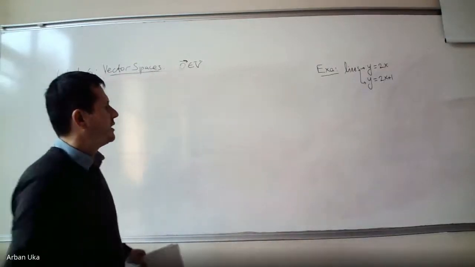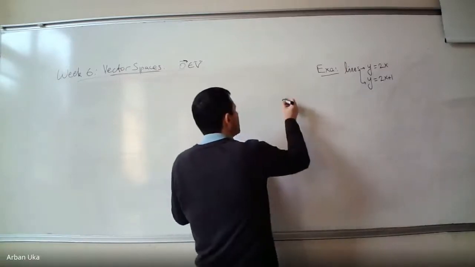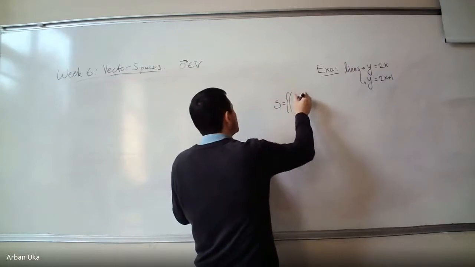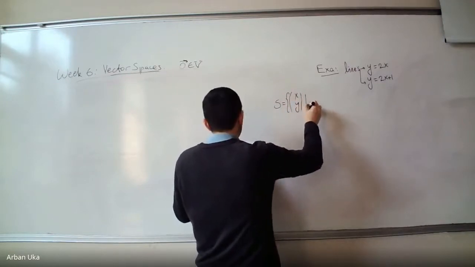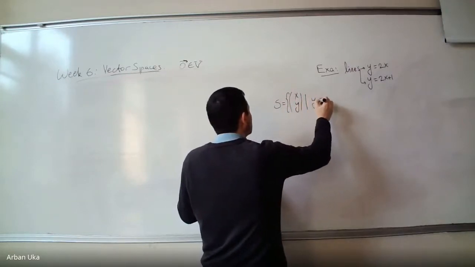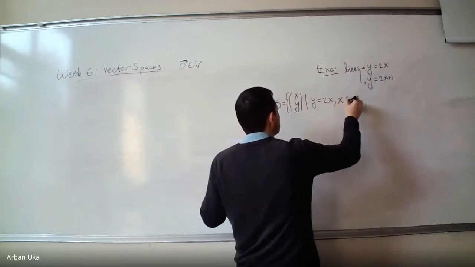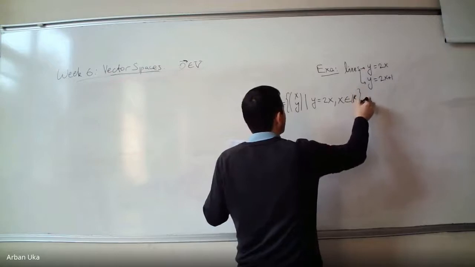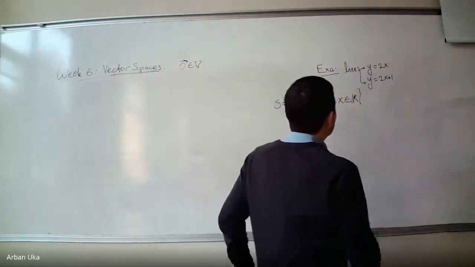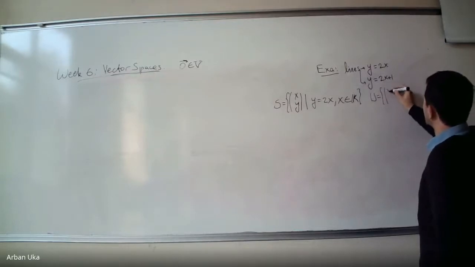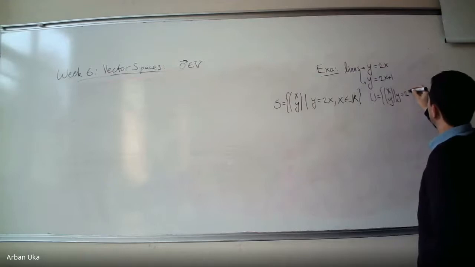So for y equal to 2x, we have a space S, which is (x, y) such that y is equal to 2x. This is how we relate this, and x is any real number. This is S. And U would be a vector space composed of x and y, such that y is equal to 2x plus 1.